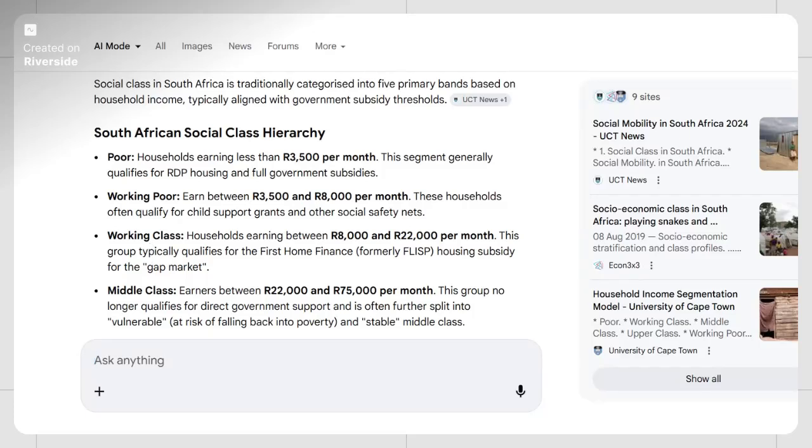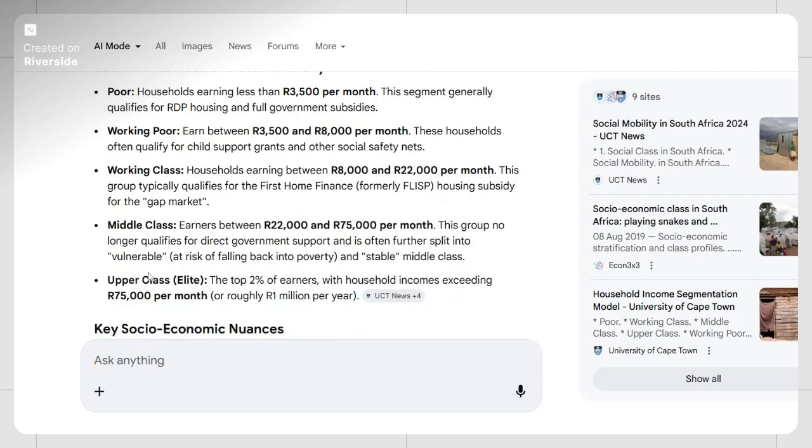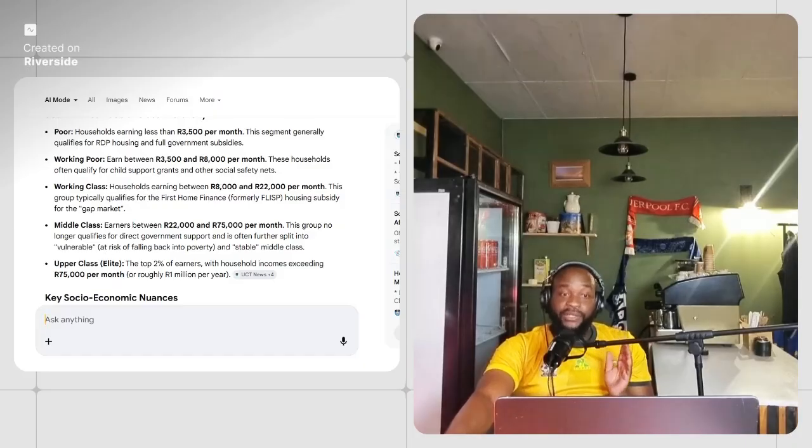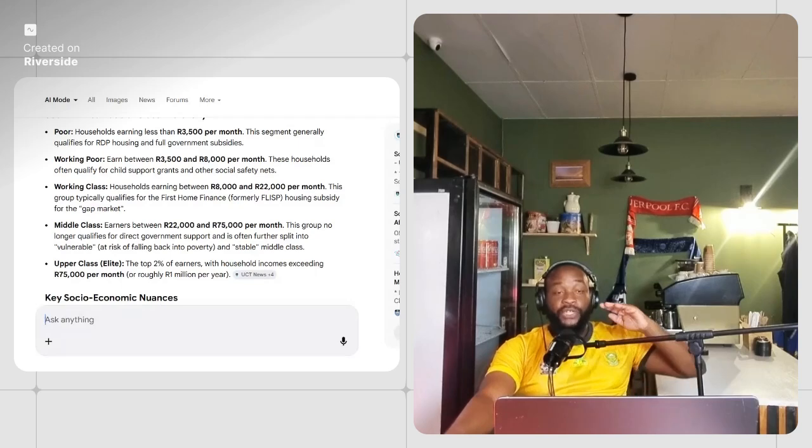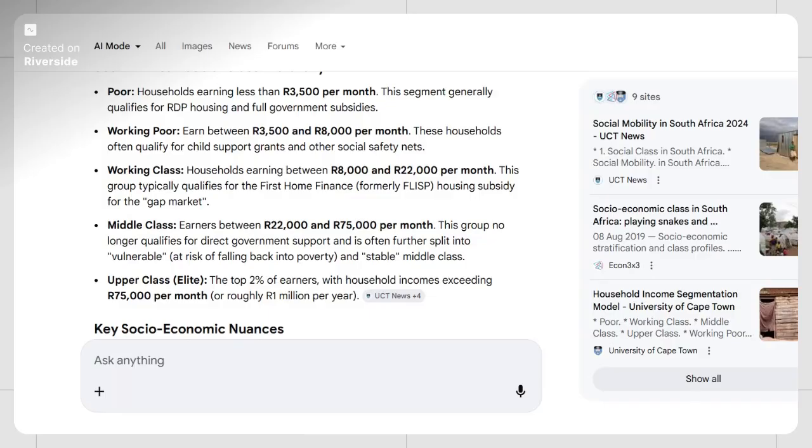And after the working class, we got the middle class, earners between 22,000 rand to 75,000 rand per month. This is the middle class in South Africa. This group no longer qualifies for direct government support and is often further split into vulnerable, at risk of falling back into poverty, and stable middle class.